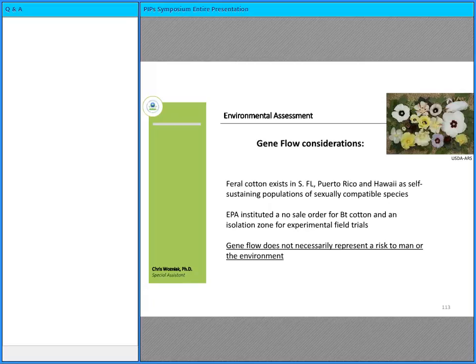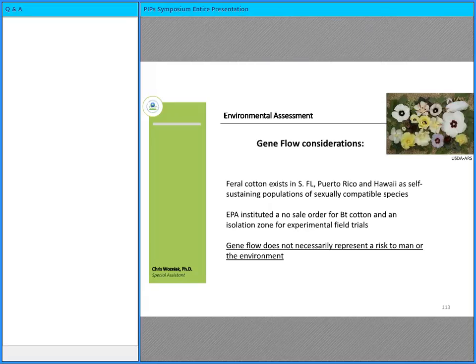There really pretty much is no cotton cultivation anymore in Hawaii, so again, it's turned into a non-issue. Whereas in Puerto Rico, there are winter nurseries for companies to increase seed and do some research on cotton. So we had instituted a 3-mile radius around those plots where there had to be no feral cotton, or they could also institute a trap crop of similar but non-Bt cotton surrounding these plots as a means of capturing some of the pollinators coming and going from the fields.